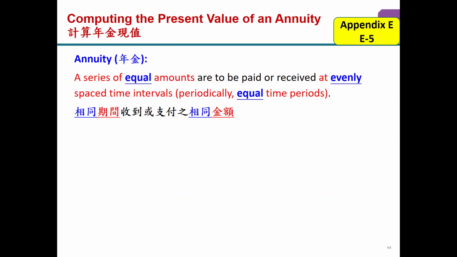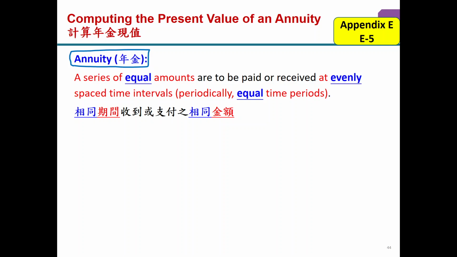So go to your slide, page 44, annuity, 年金. Annuity, 年金, you should understand, only tells you the format of the data. So what the data looks like.